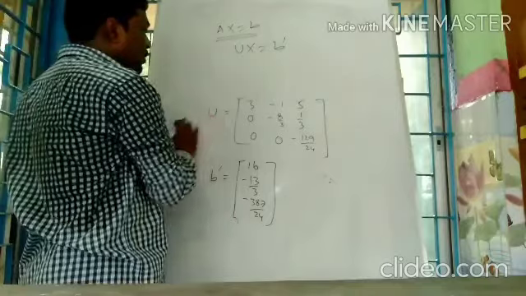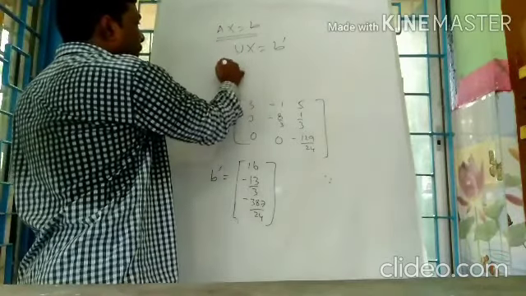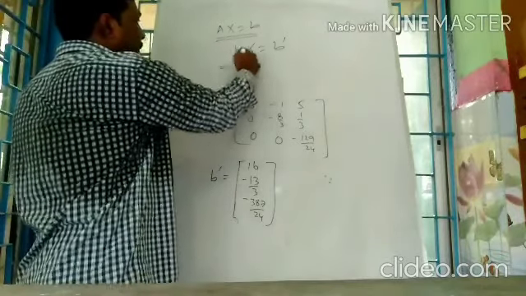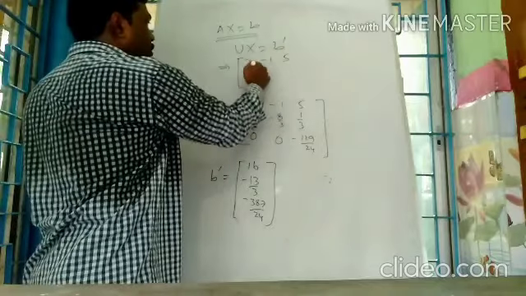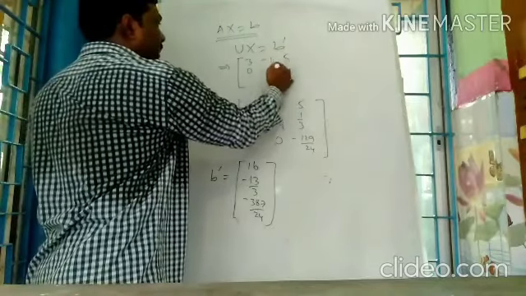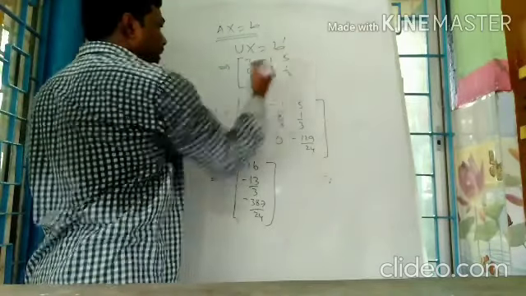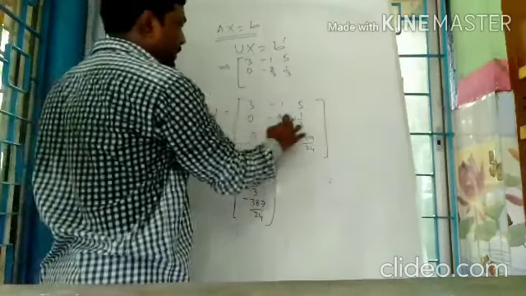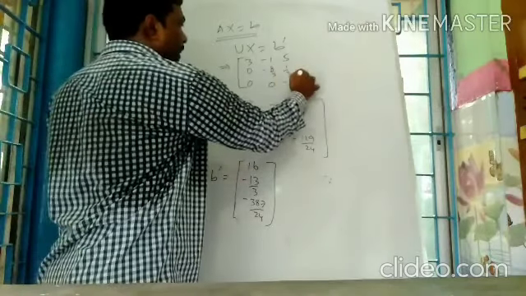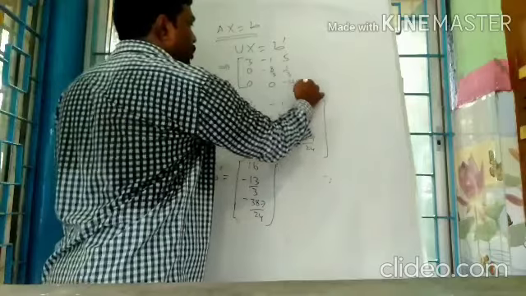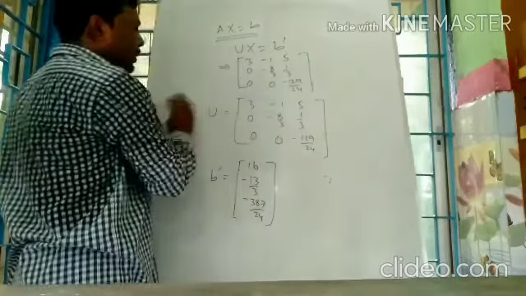So Ux = B dashed is, what is U? U is [3, -1, 5; 0, -8/3, 1/3; 0, 0, -129/24]. This is the reduced U. What is X?